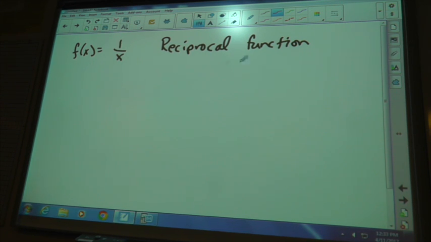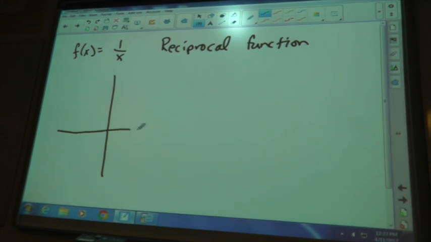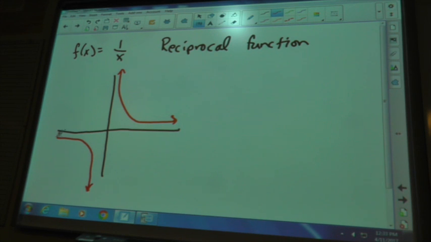So, this one looks like this. Now when you divide by a polynomial, things get crazy, right? They're no longer continuous, smooth parabolas or W's or whatever. So that's what it looks like.